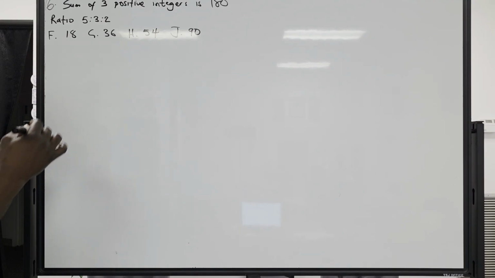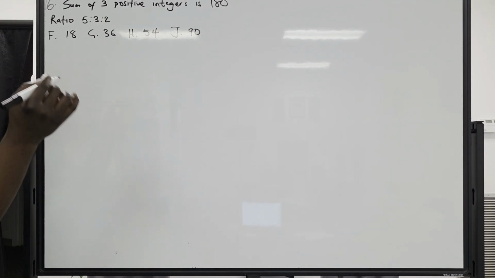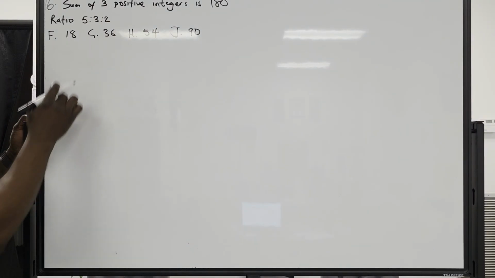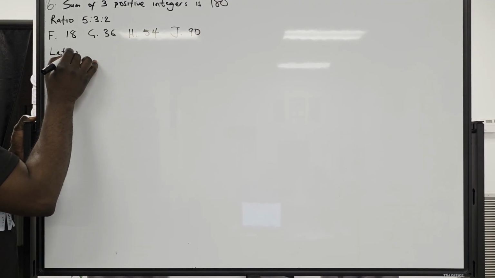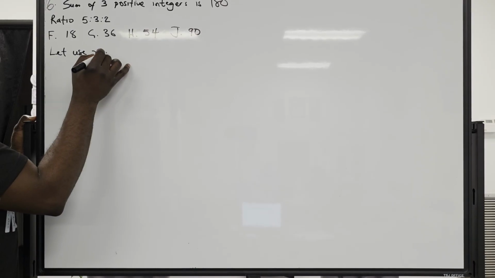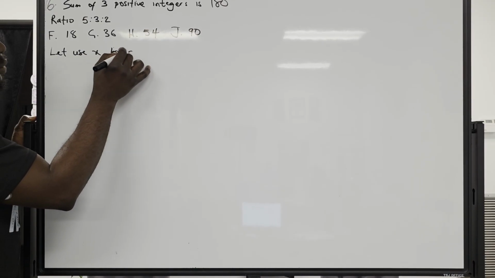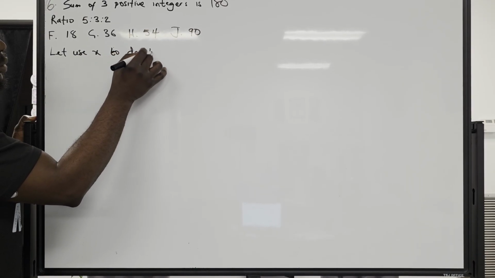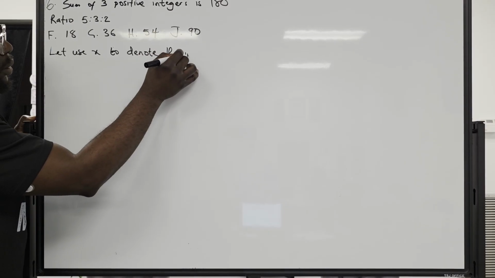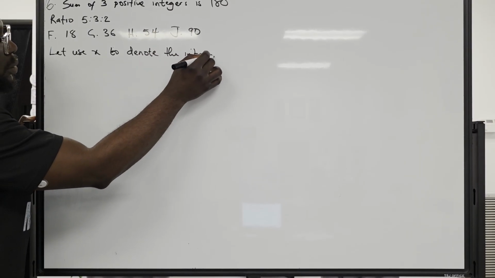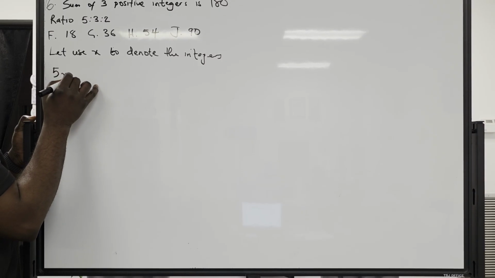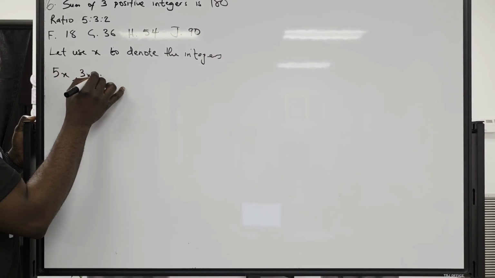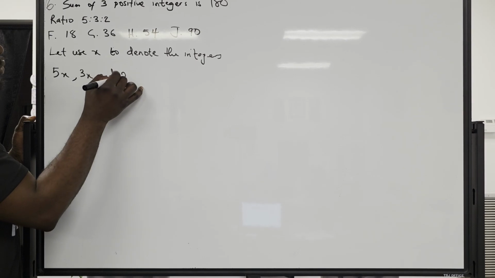So let's say the integers are, we don't know what they are, but we have the ratio. Let's use x to denote the integers, right? So we're going to have 5x, 3x, and 2x.